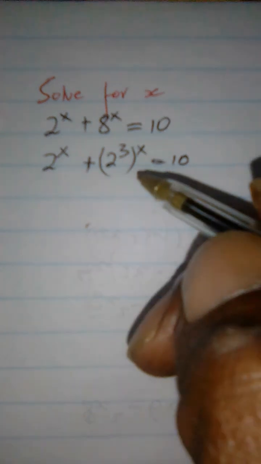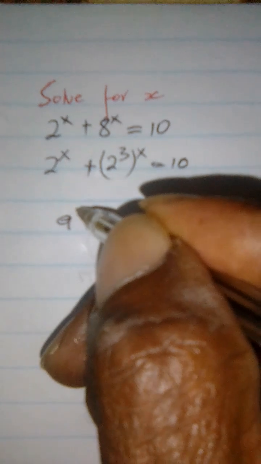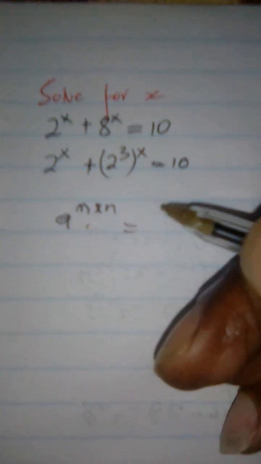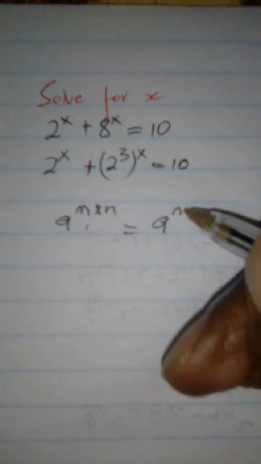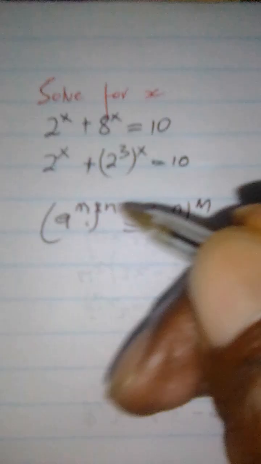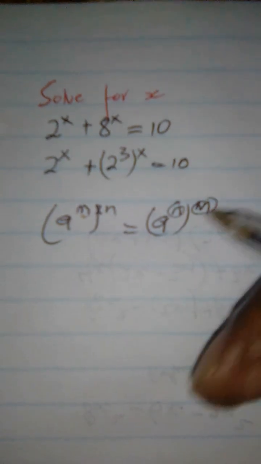So if I have something in the form of a raised to m multiplied by n is equal to a raised to n multiplied by m, these two can exchange places, as you can see.